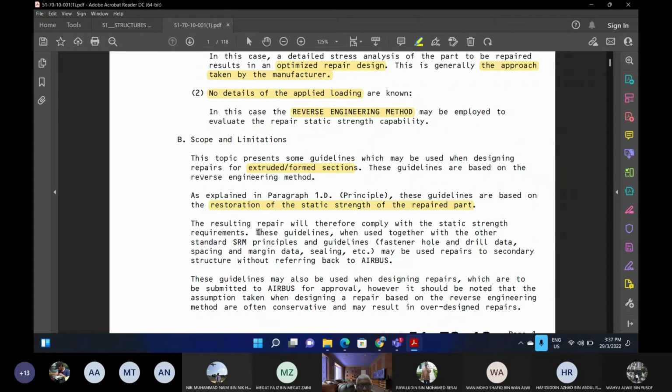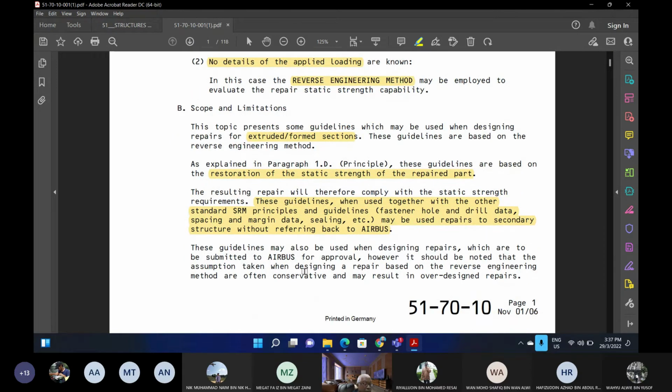So you use this guideline, and then you couple it with other manuals on drilling, installing fasteners, margins of safety, sealing, all the detail you follow. This guideline plus that information, you put together as the engineering order to repair, and that can be approved, on secondary structure, remember, on secondary structure, without going back to Airbus.